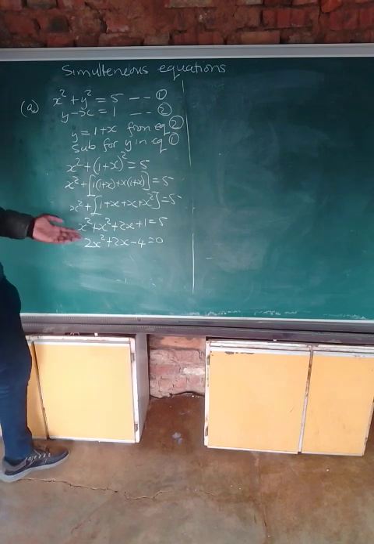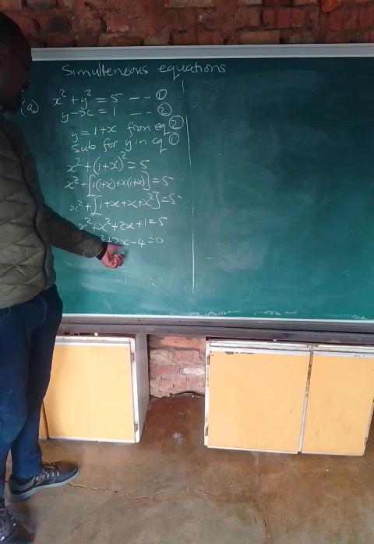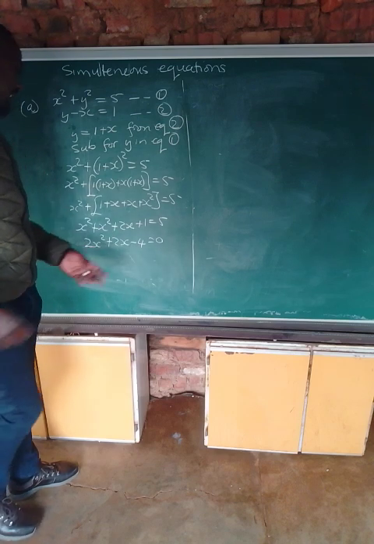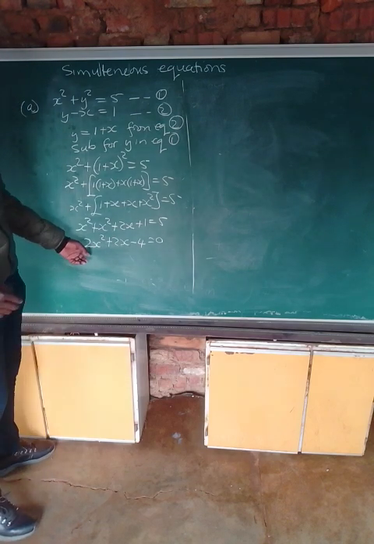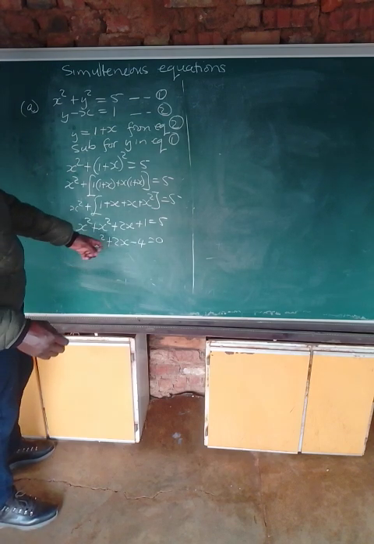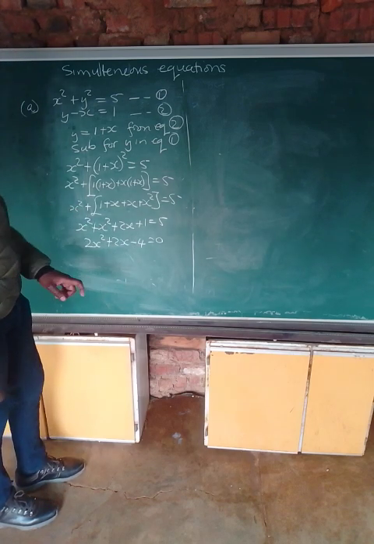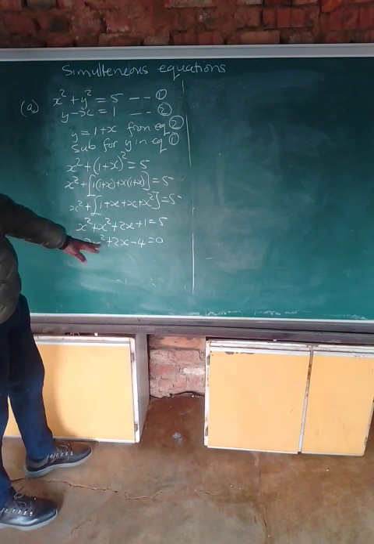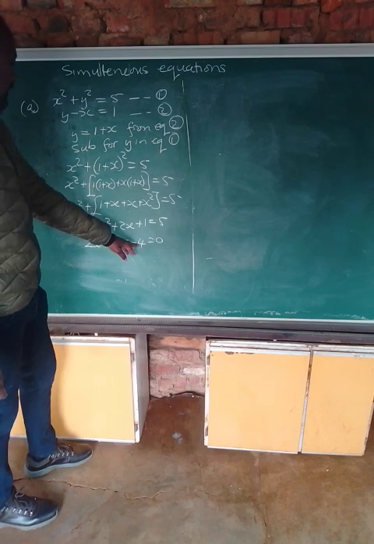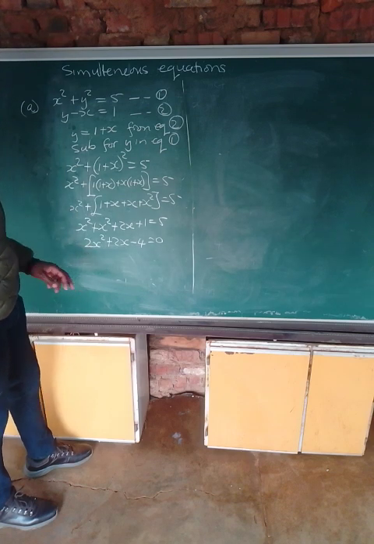Maybe if we simplify it further, we just factor out 2 here. But now let's just solve it quickly by factorization. 2 times minus 4, what do we get? We get minus 8 here.